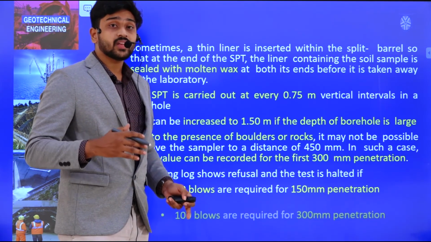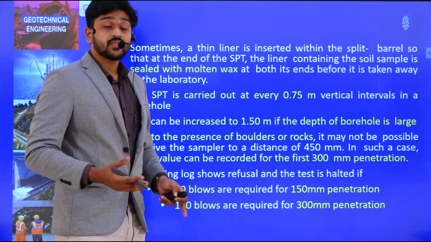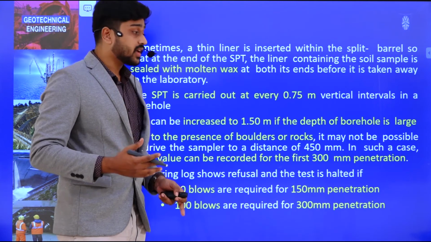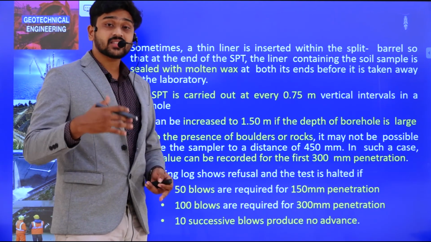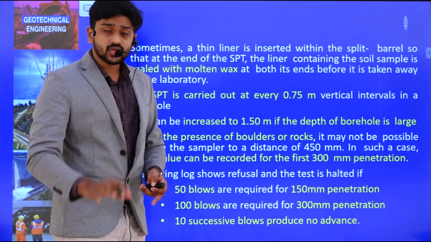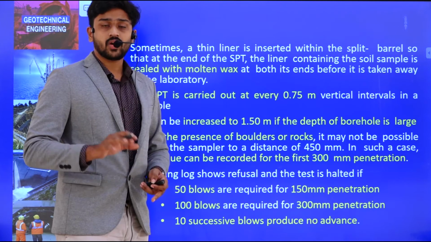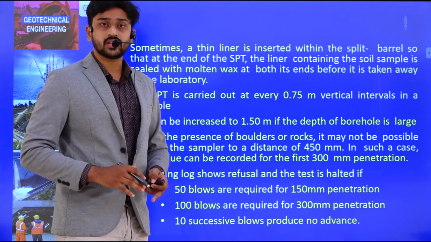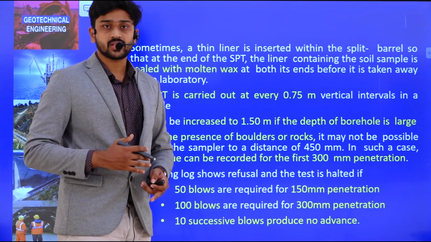Or even for 300 mm penetration, if I arrive at 100 blows, then also I must halt. Or if for 10 successive blows there is no change, that means there is no penetration of the sampler, then also we must halt the test and proceed to another location. Clear?